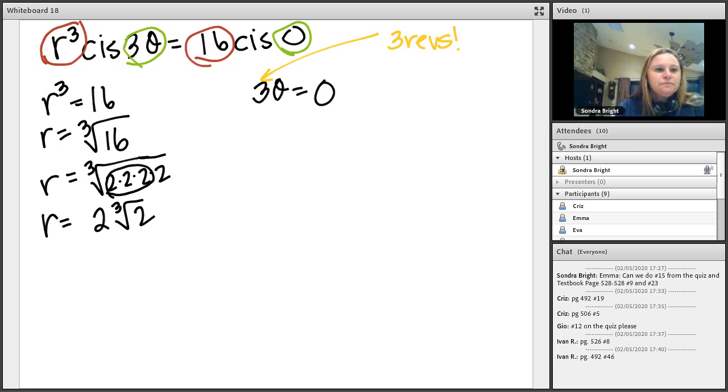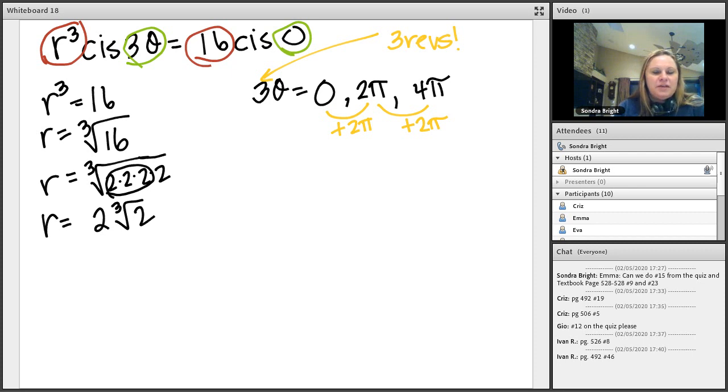So you add 2 pi to get to the next one, and add 2 pi again, and that gives us our 3 angles: 0, 2 pi, and 4 pi.